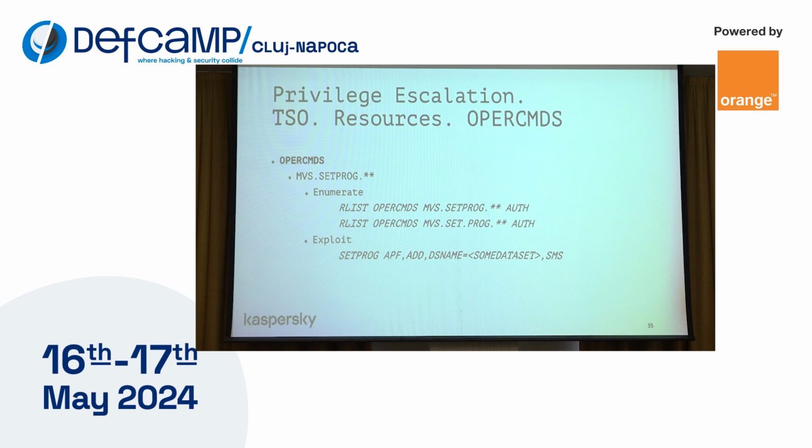A resource with the mask MVS.SETPROG.** allows you to set up APF for some data set, and using the previously mentioned exploit script from abusing APF, you may also escalate your privilege by such resource misconfiguration.